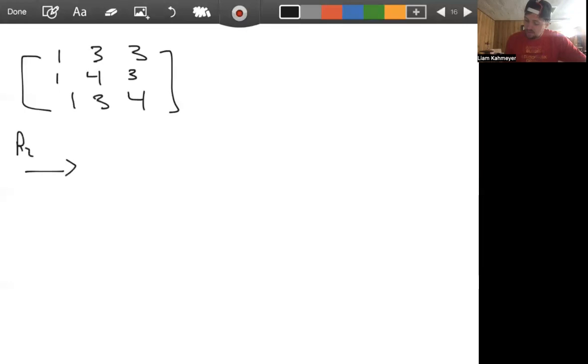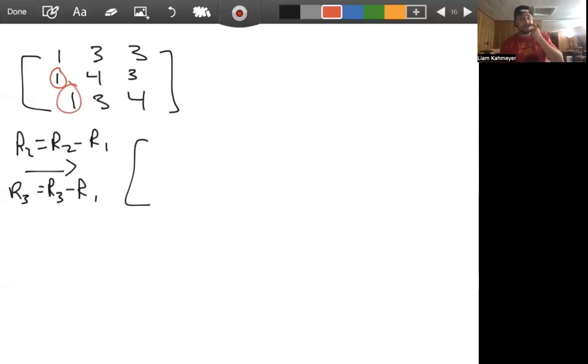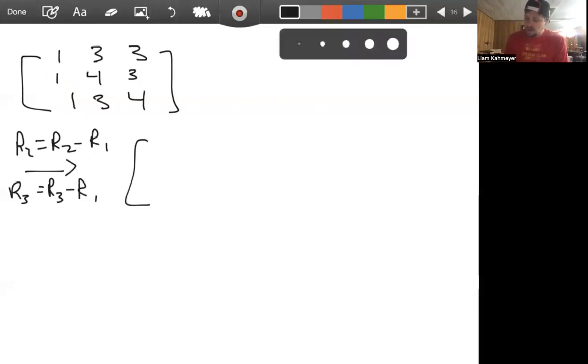I can take row 2 to be row 2 minus row 1, and row 3 to be row 3 minus row 1. Why do I do that? Because I want the entries below the A11 spot to all turn into zeros, and these row operations will get me that.